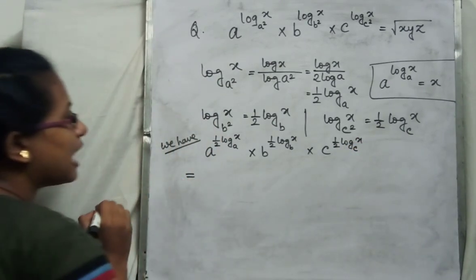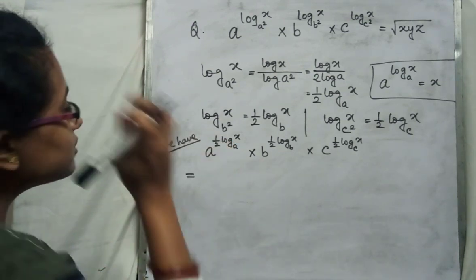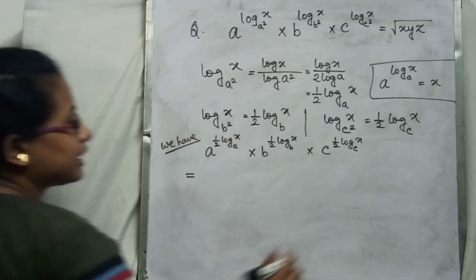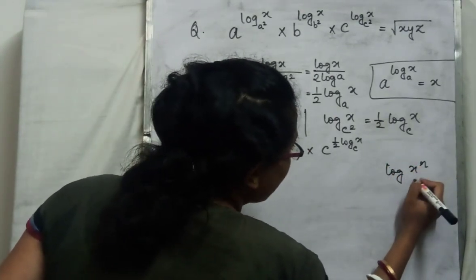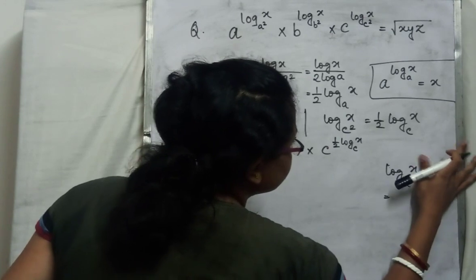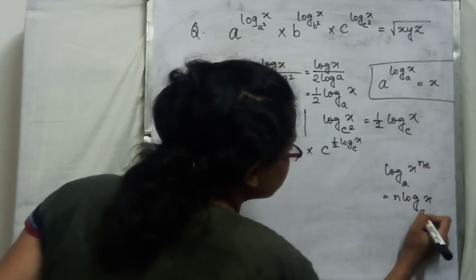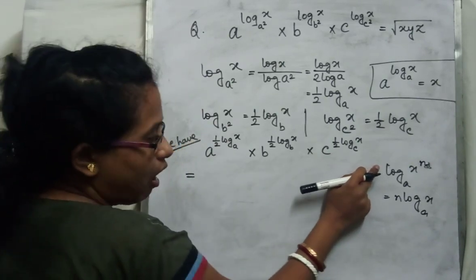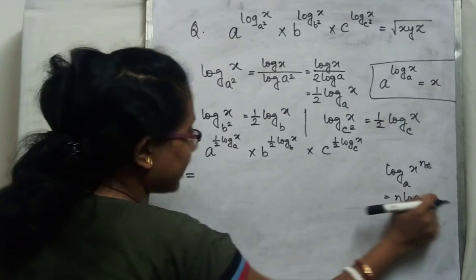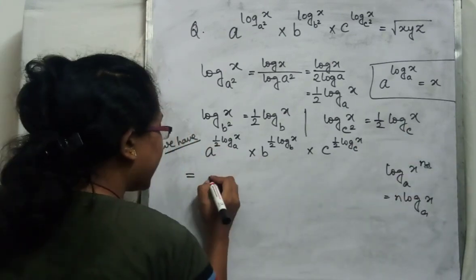So in the next line, we are putting half in the power section of x. That means we know now x to the power n equals n log x. So we can also write, going in the previous one, n log x we have here. So we can write here log x to the power n.